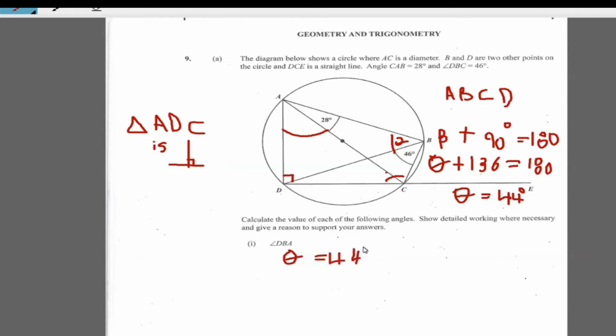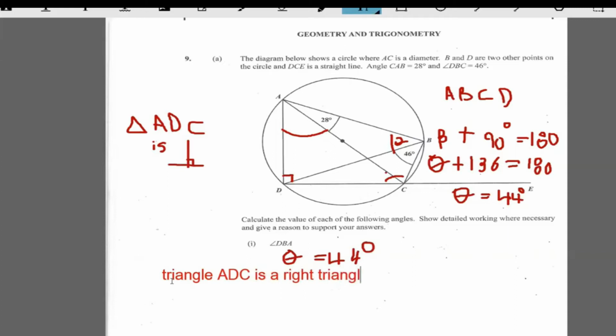That was nice. Now, of course, it always asks you to give a reason for your answer. So you're going to tell them triangle ABC is a right triangle.